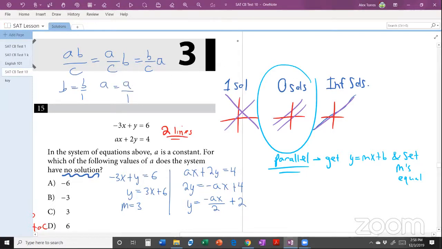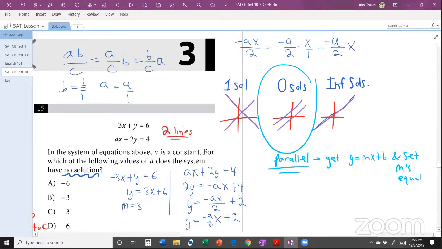So when we have negative ax over 2, we could think of that as negative a over 2 times x over 1. That's the same as negative a over 2 times x. That's a long explanation for something kind of easy, but if you're familiar with this, you'll immediately write this as negative a over 2 times x.